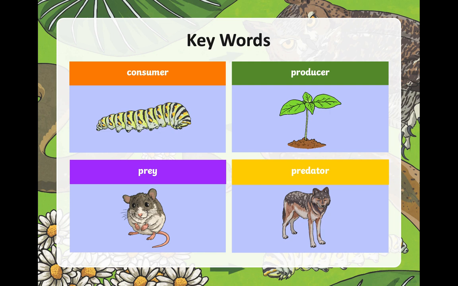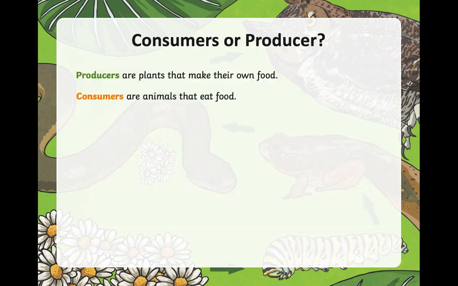And a consumer is basically something that's eating the producer or the plant. And the predator, as we just mentioned, is basically the animal that eats the prey, right? So a short definition for producer: plants that make their own food, obviously from the sun, and the nutrition from the ground and the water.